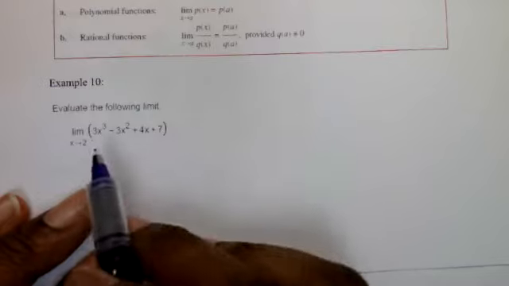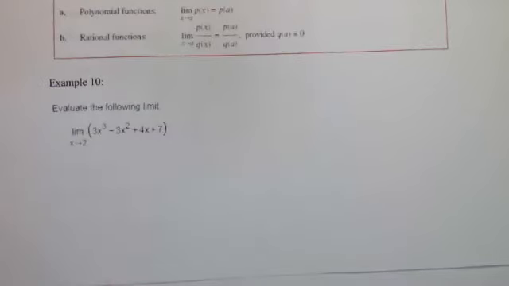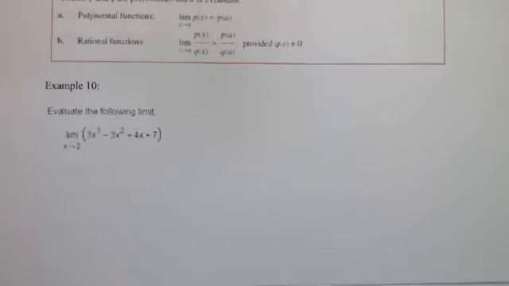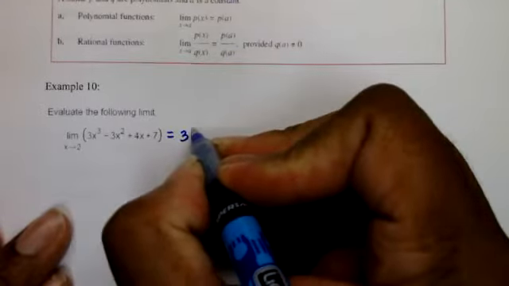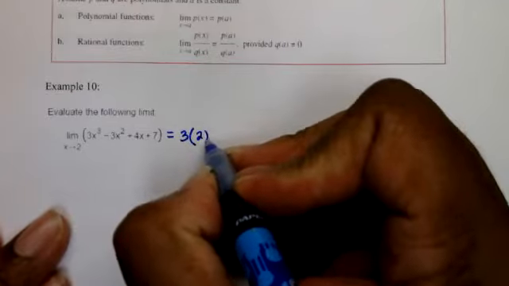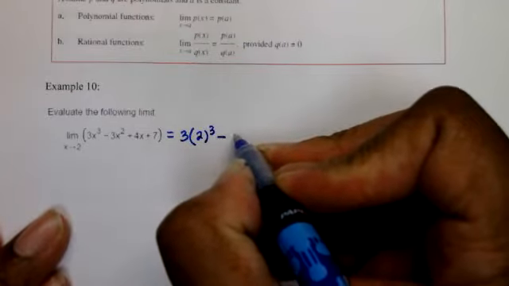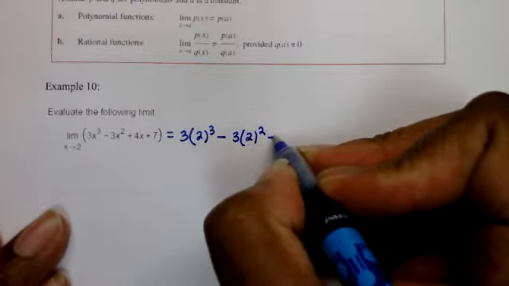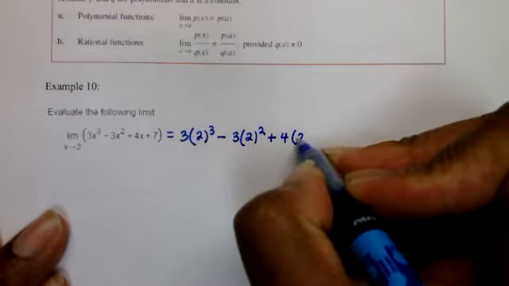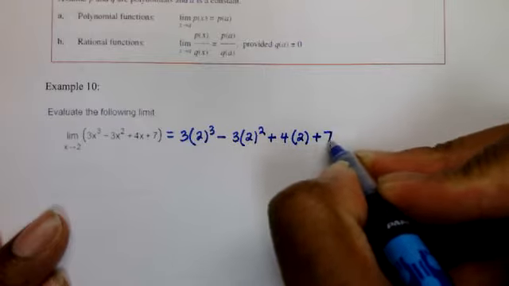So I just substitute each x in that function with 2. That means here I will have 3 times 2 cubed minus 3 times 2 squared, plus 4 times 2, plus 7.